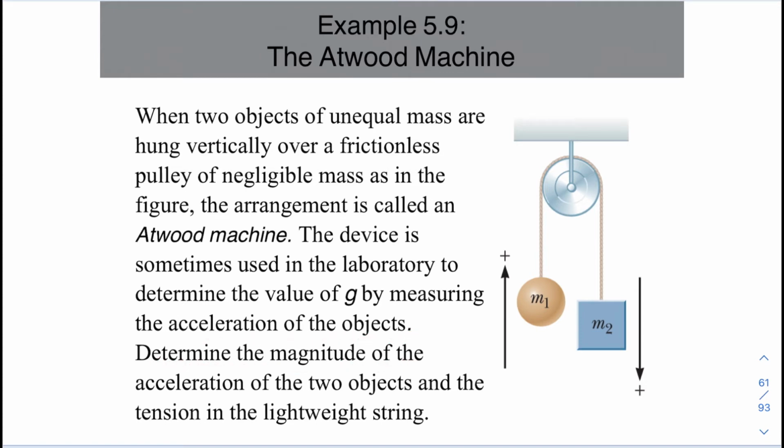Determine the magnitude of the acceleration of the two objects and the tension in the lightweight string. So the string must be unstretchable and lightweight, and the pulley must be frictionless. This is important to make sure the T along the string is the same everywhere. So the T experienced by M1, in terms of magnitude, is the same as the T experienced by M2.